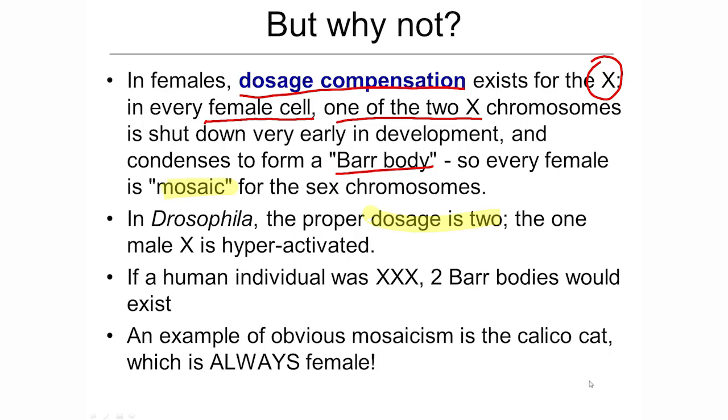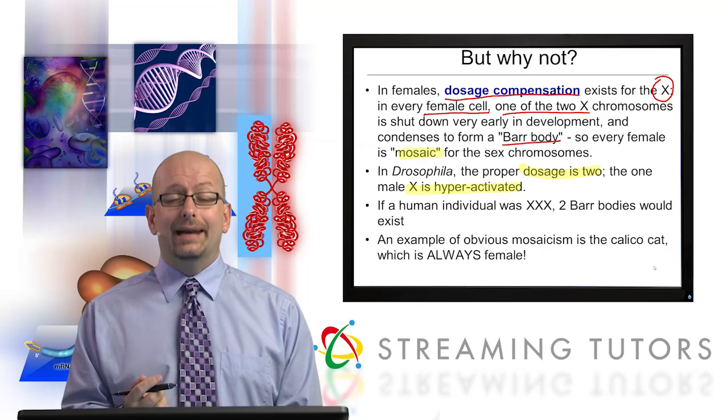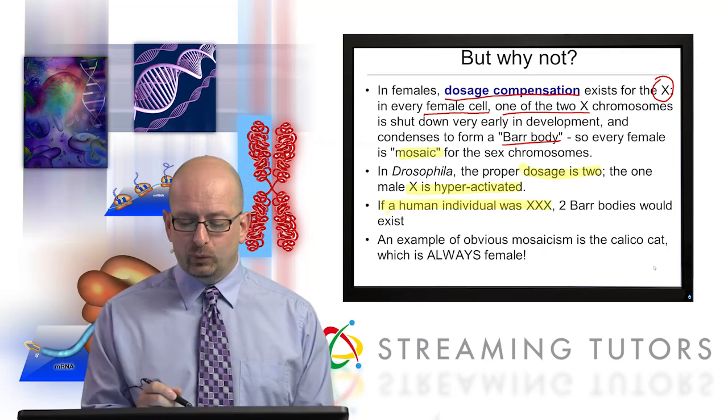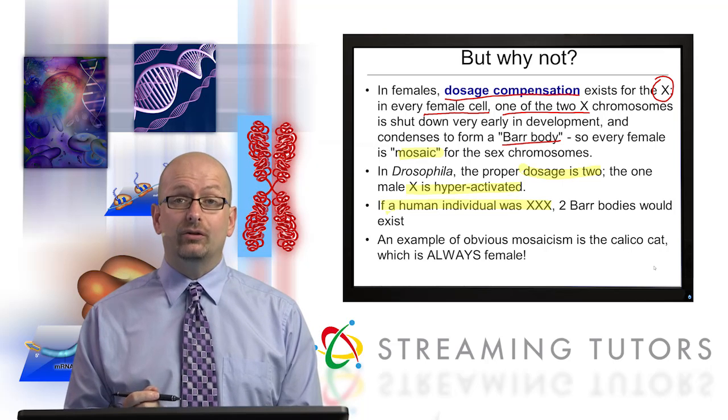The correct dosage is 2, and to make up for that, now instead of females shutting one down, males have to hyperactivate their X to ramp up the expression of the genes on the X chromosome so it gets to the proper dosage.